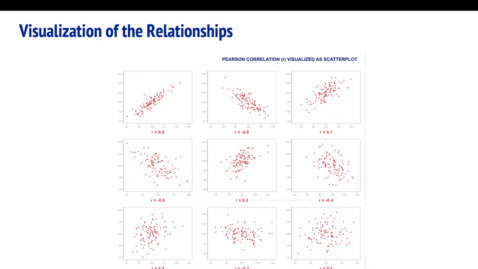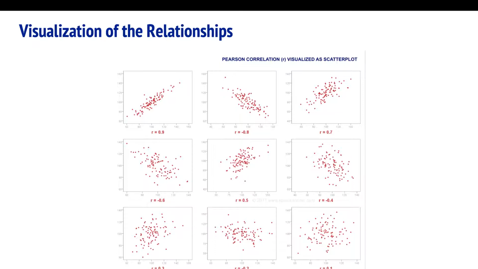So just looking at this, these are going to show us some different variations of what you might see in a scatter plot with each of your correlations. A correlation of 0.9, pretty strong relationship. As one is increasing, the other is pretty much following that cluster straight up on the other variable. As we jump to a 0.5, we can see it's still a pretty discernible pattern.